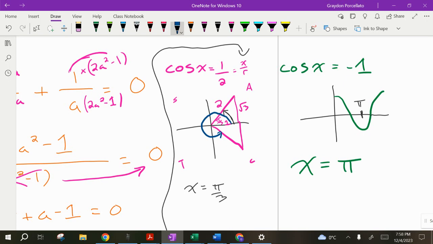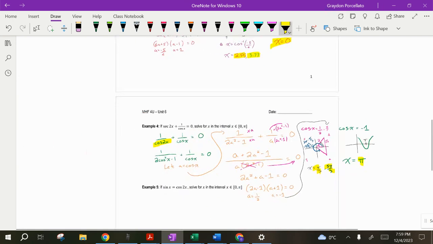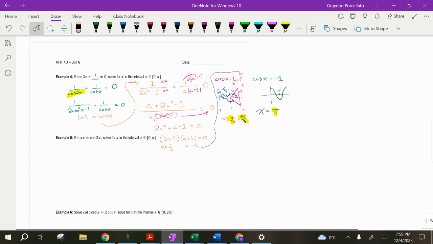And in order to find this blue one here, I'm just going to do 2 pi, because the full circle is 2 pi, minus pi over 3, which is equal to 5 pi over 3. So my other solution is 5 pi over 3. Okay? So 1, 2, 3. All right. 2 more examples. Whew.